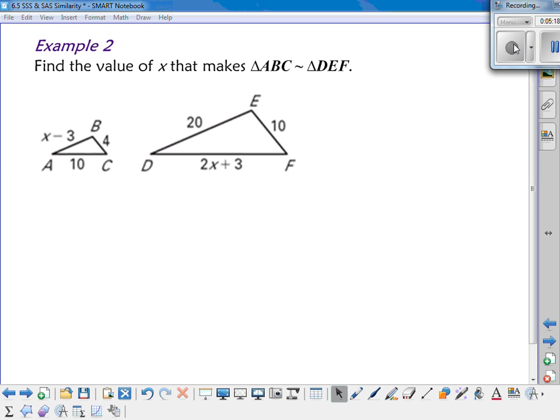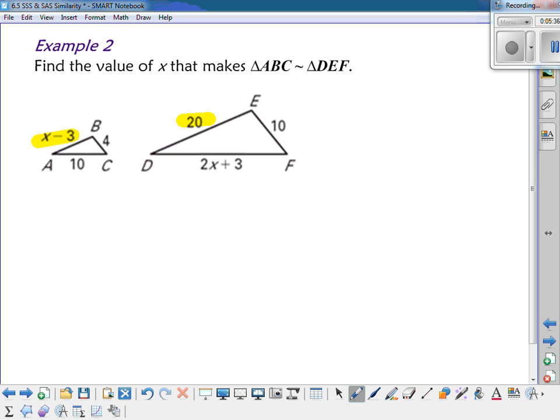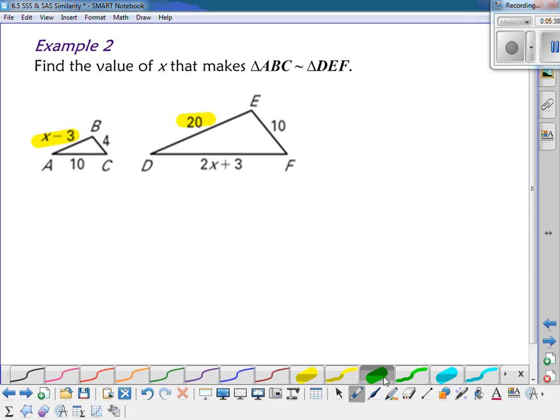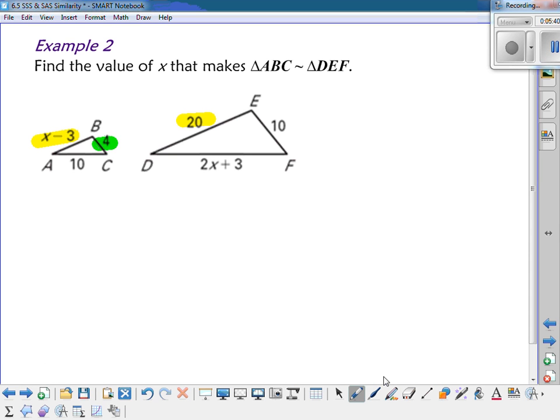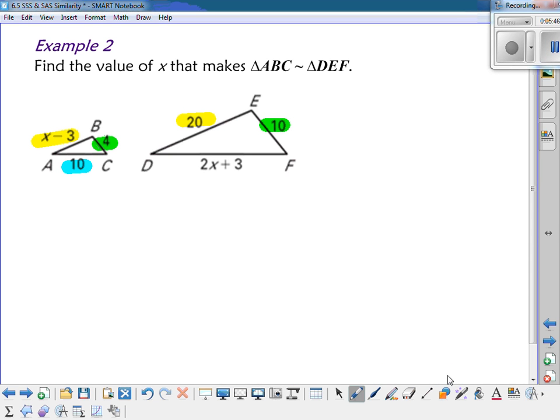All right, so example 2, we're going to find the value of x that would make triangle ABC similar to triangle DEF. So first I'm going to figure out my corresponding sides. X minus 3 corresponds to the 20, and the 4 corresponds to the 10, and AC corresponds to DF, or 10 to 2x plus 3.